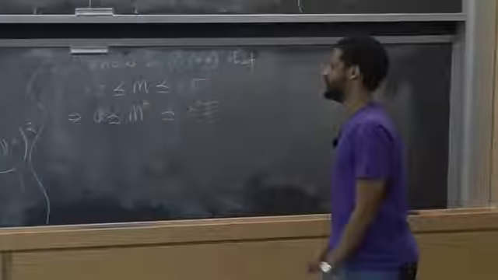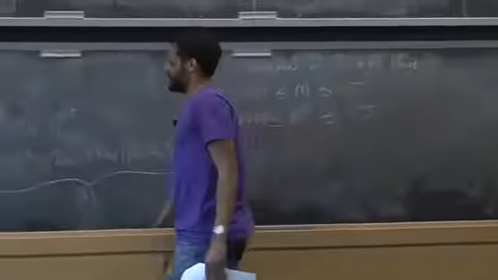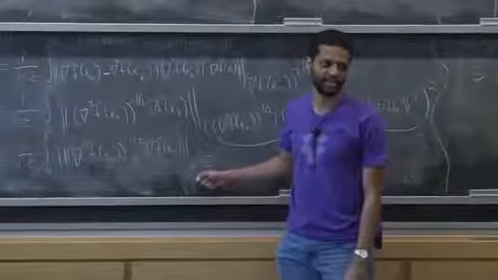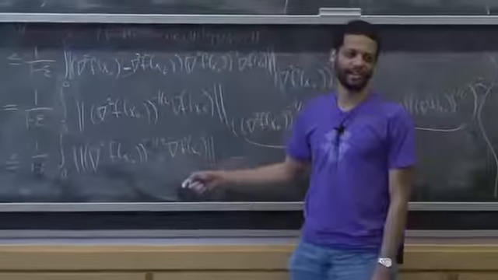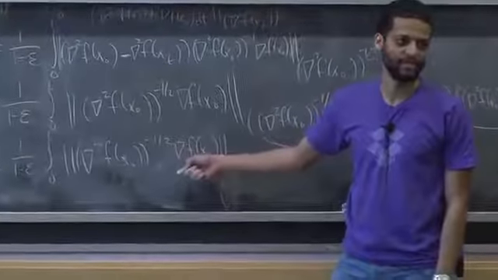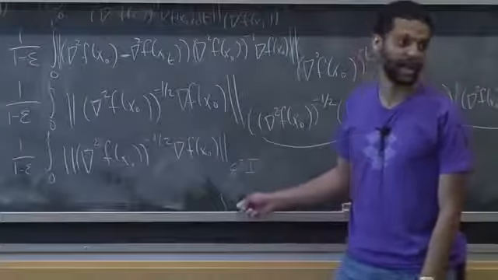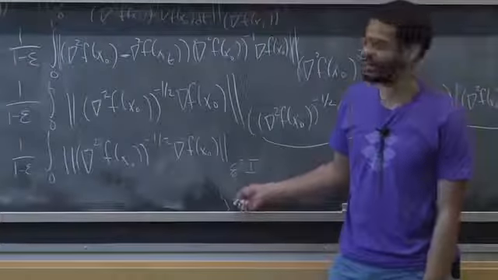Okay. And now we have a scaled identity matrix here. So this is just the scaled L2 norm. Namely, it's the L2 norm scaled by epsilon because of the square root.